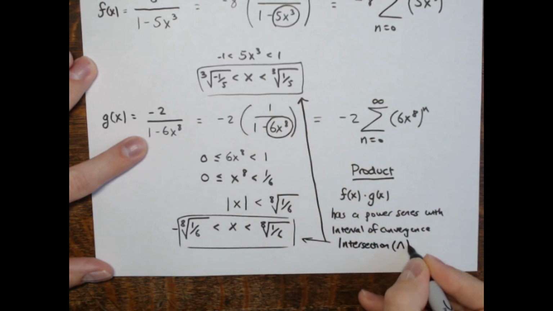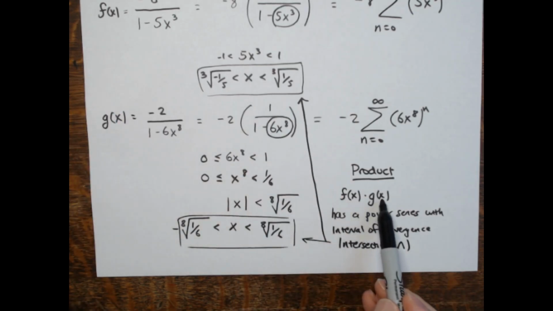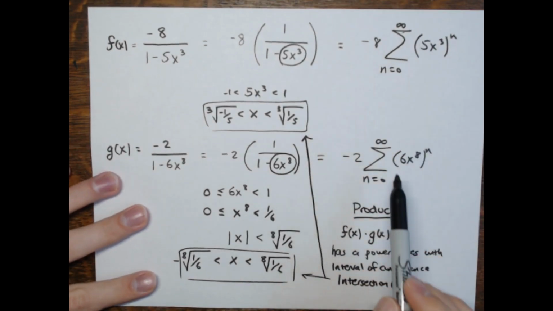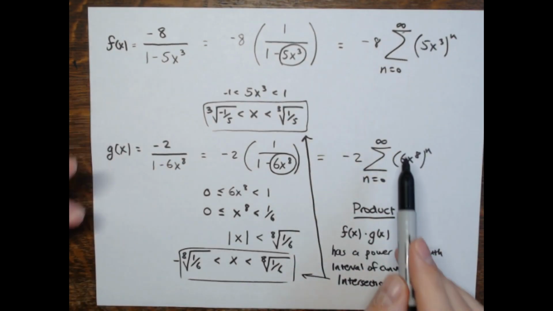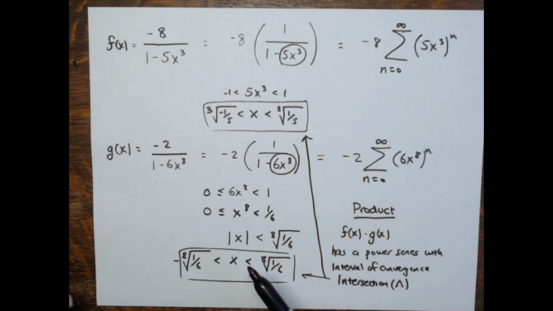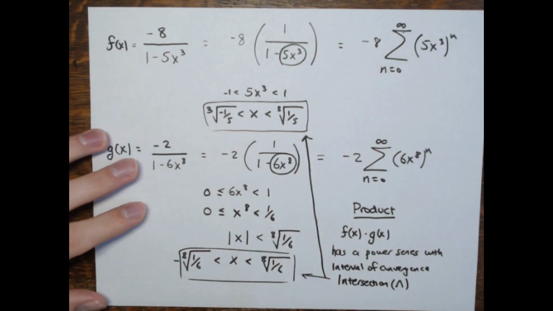That upside down U. What do these have in common? Where do both of our series converge? In order for the product of these two to converge, I need them both to be convergent. If one of these diverges, then the product will diverge. So I need them both to be convergent. So again, we're doing the intersection here.